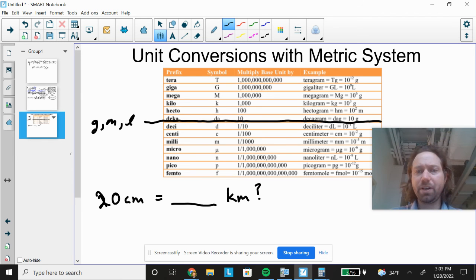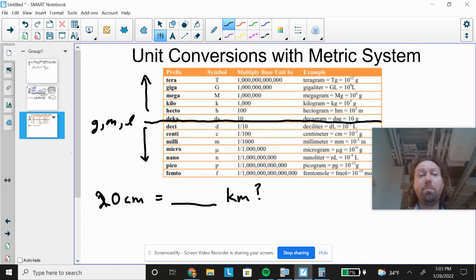They don't put them on the chart, but they're right there. Everything above that is bigger than the base unit. So, for example, a kilogram is 1,000 times bigger than a gram, the base unit. And everything below that is smaller.